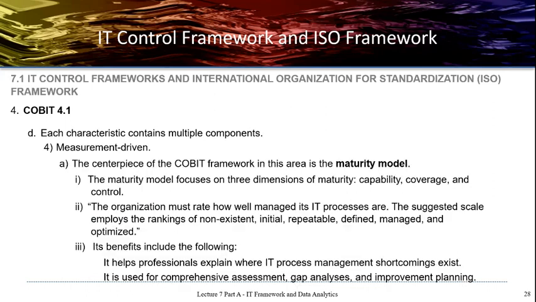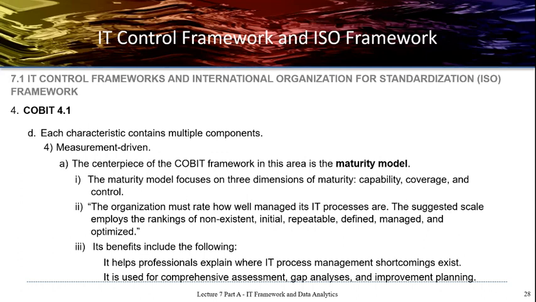Each characteristic contains multiple components, like measurement driven. The centerpiece of the COBIT framework in this area is a maturity model. The maturity model focuses on 3 dimensions of maturity: capability, coverage, and control.